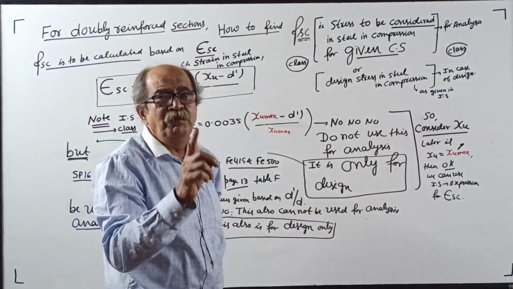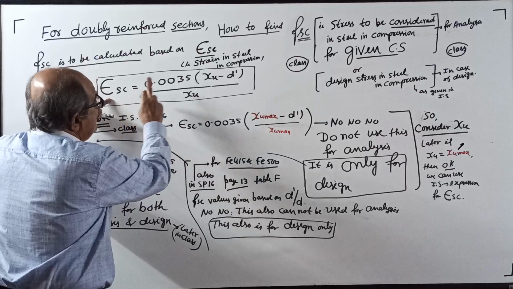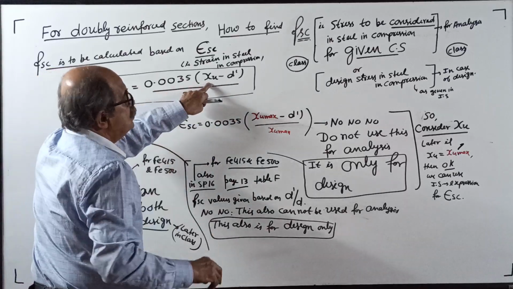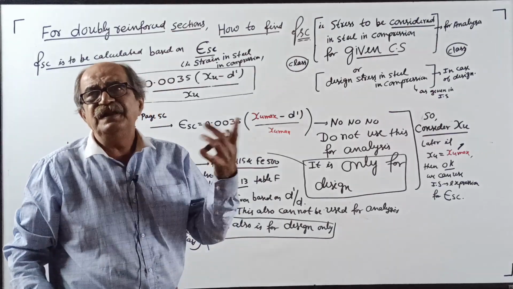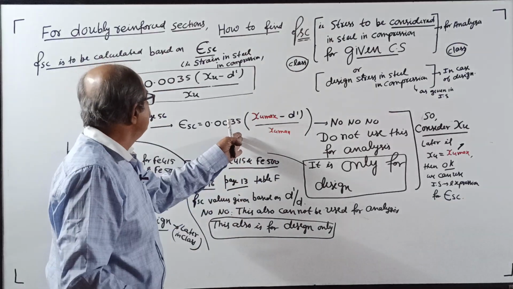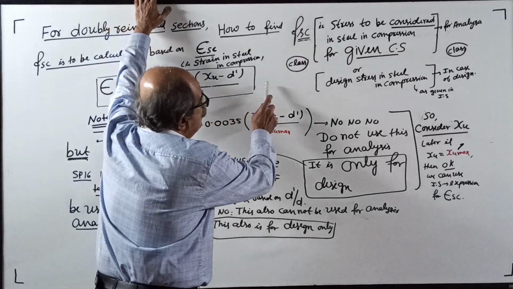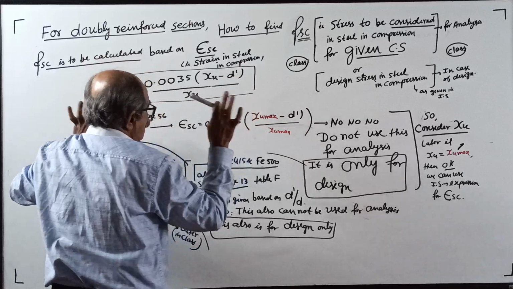So, firmly remember, when you use the expression for epsilon SC given in IS code, do not consider that max. Later, if XU is equal to XU max, substitute, it will come same. So, be careful, do not use this one. Use the basic equation, one concept.